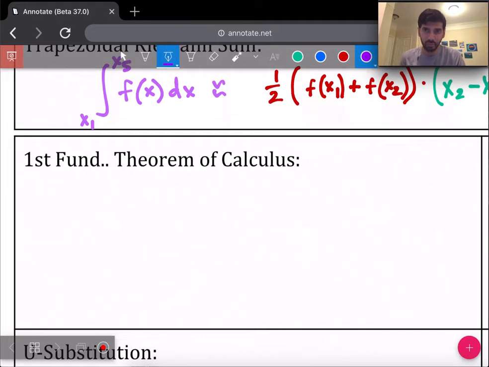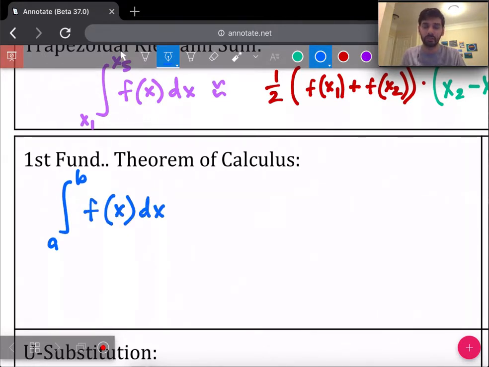The first fundamental theorem of calculus essentially says that if I take an integral from some value a to b of an arbitrary function f of x dx, it is equal to its antiderivative evaluated at b subtracted by its antiderivative evaluated at a.